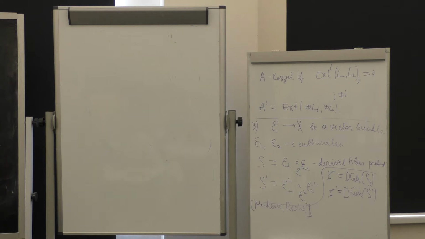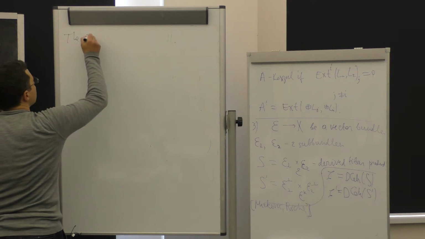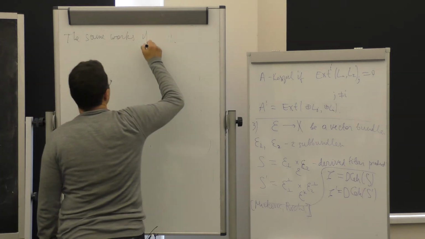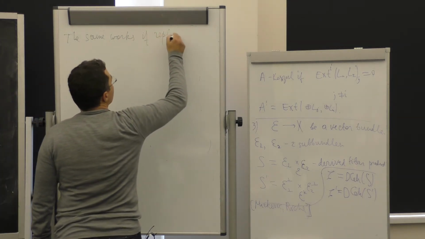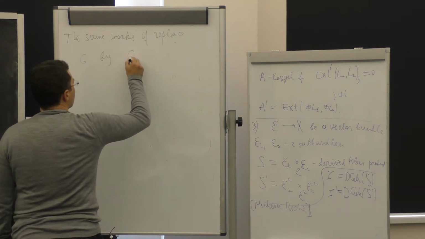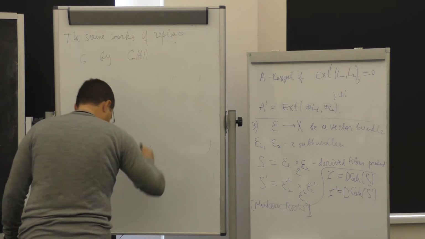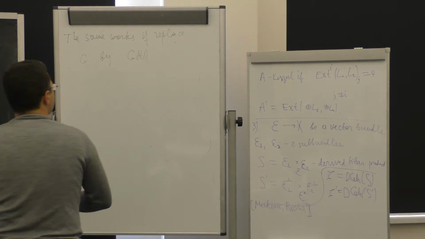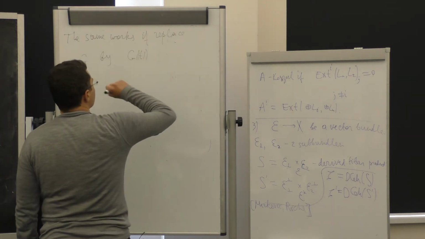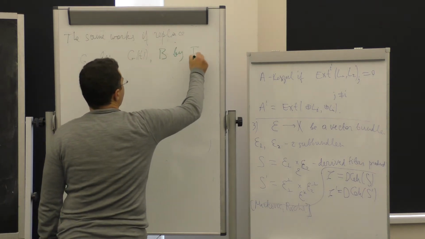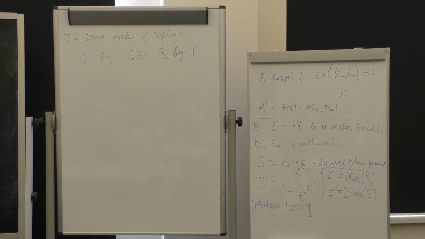Namely, I claim that the same works if we replace G by G of T, and B by the Iwahori that was defined before.